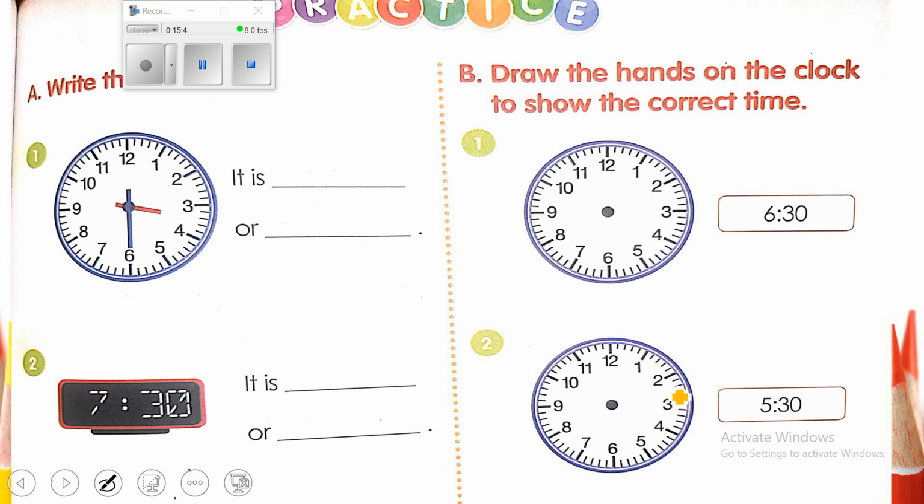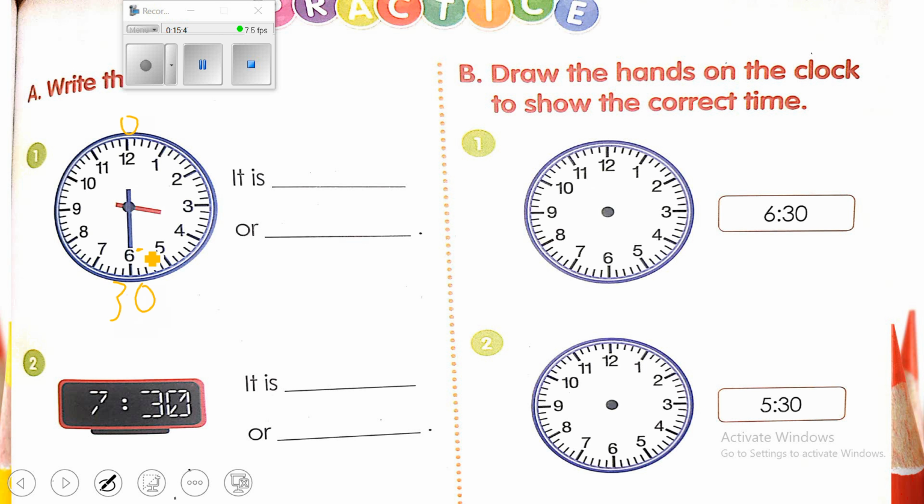Write the time in 2 ways. I check. Here is 0 minute and here is 30 minutes. The minute hand, where? 30 minutes. Excellent. And the hour, what's the hour here? Between 3 and 4. It's not 4 yet, it will be 4. So it's 3. And how many minutes? 30.